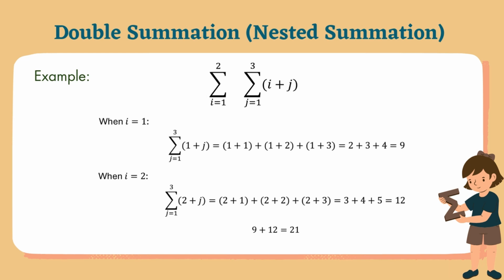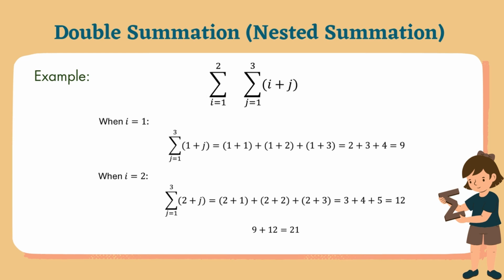So how about when i is 2? When i is 2, we simply substitute the value 2 to the i index and get the sum of the quantity 2 plus j from 1 to 3.